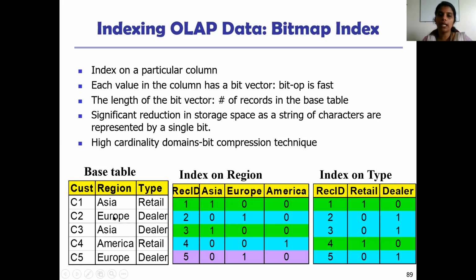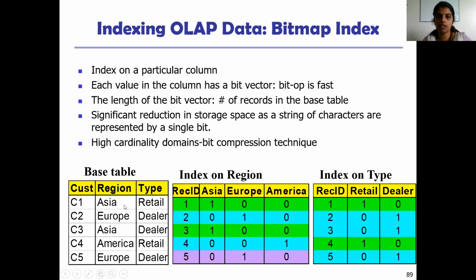For each value I'll be representing it by a bit. When we index on region, we are representing each record by 3 bits, because there are 3 distinct values for region: Asia, Europe and America. So the index on region will be represented by 3 bits.